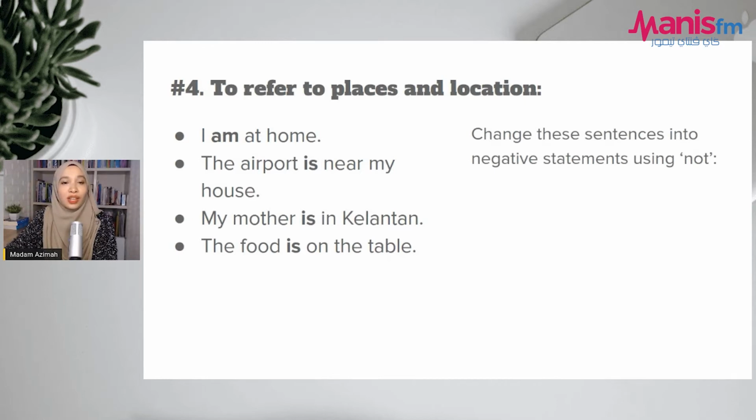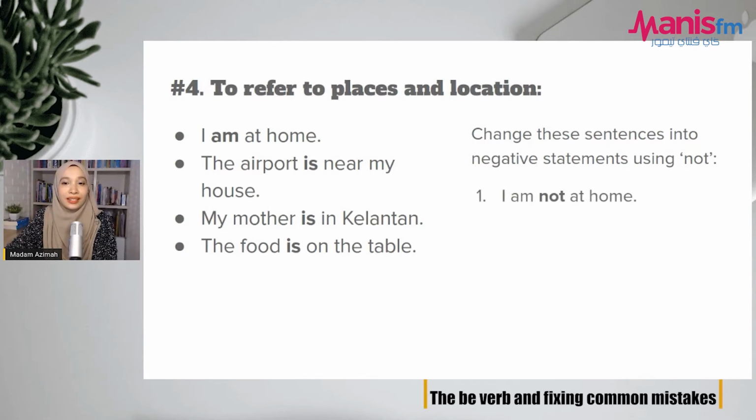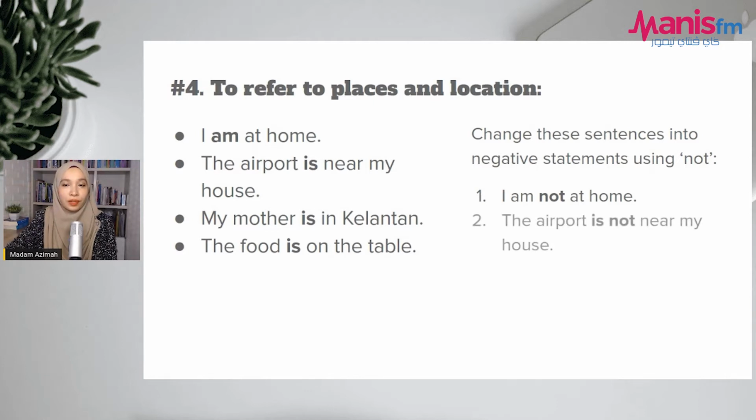What if we want to change these sentences into negative statements using not? How do we do that? We simply insert not after the be verb. For example, I am at home would be I am not at home. The airport is near my house would be the airport is not near my house.